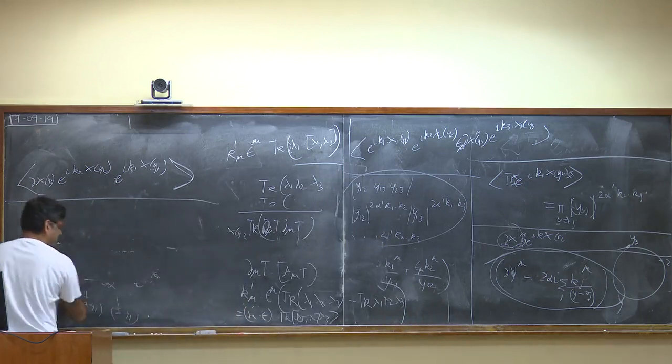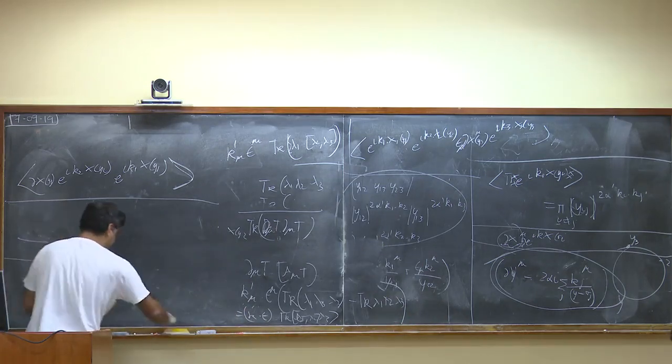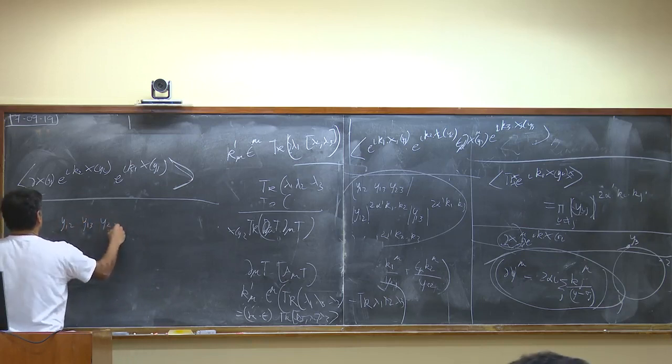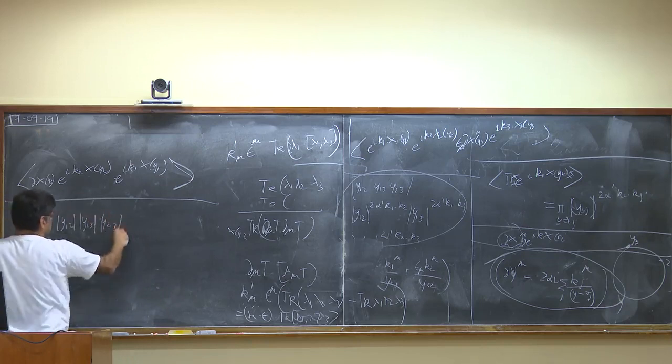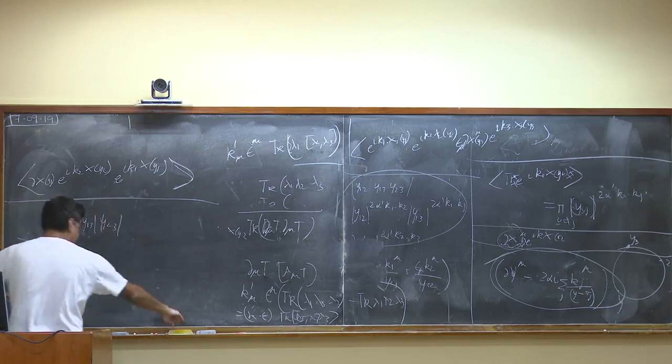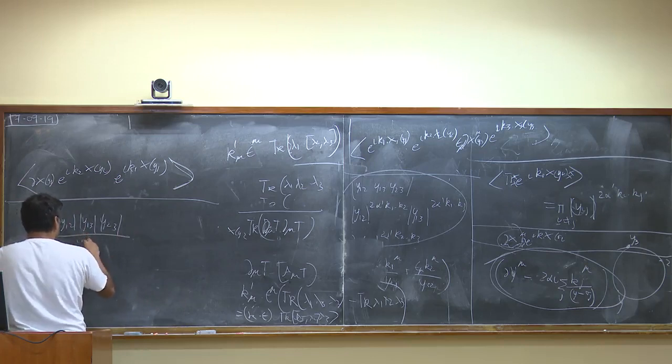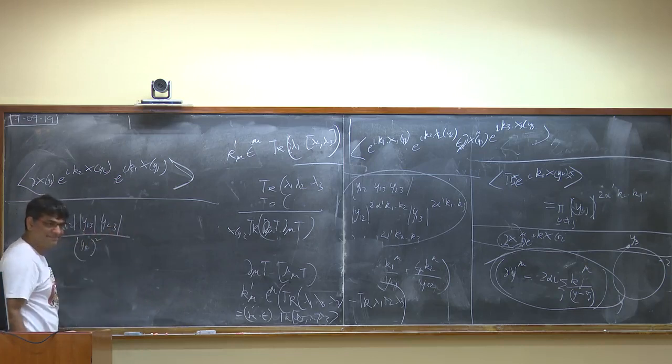Okay, fine. So this must help us fix it. Let's do it again. What did we get? We got the modulus of y12, y13, y23, then we got y12 the whole thing squared.